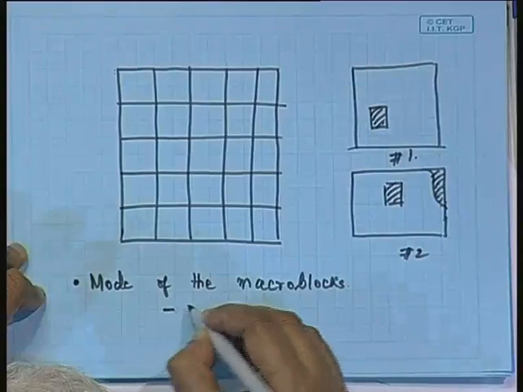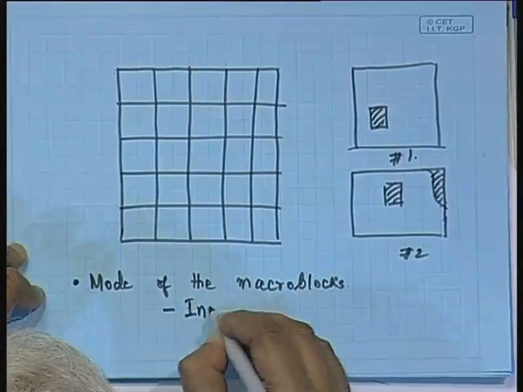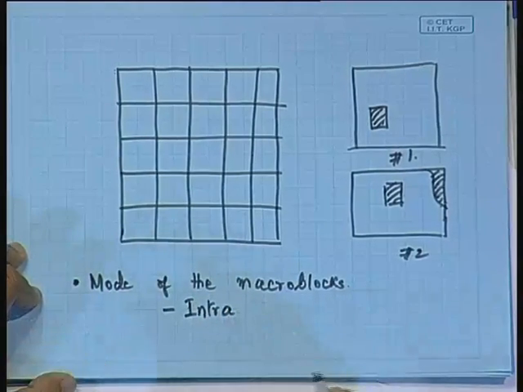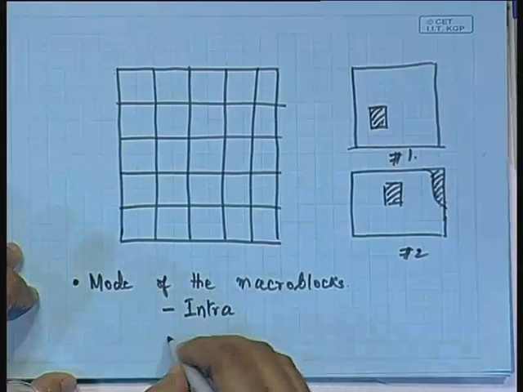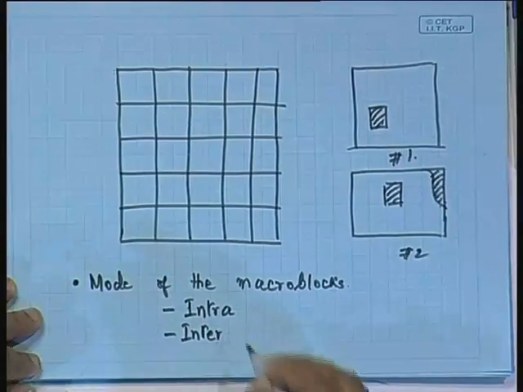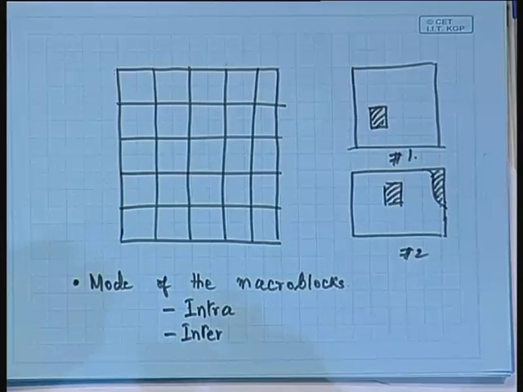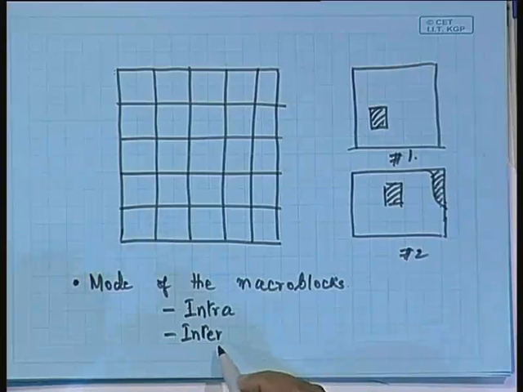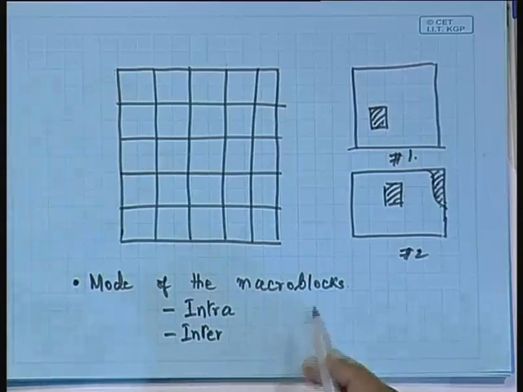So, in the mode of the macro block, you can define some macro blocks as coded in the intra mode, and there will be some macro blocks for which you are finding the correspondence in the previous frame, which you can encode in the inter frame. So, there is intra frame prediction, there is also inter frame prediction for every macro block.